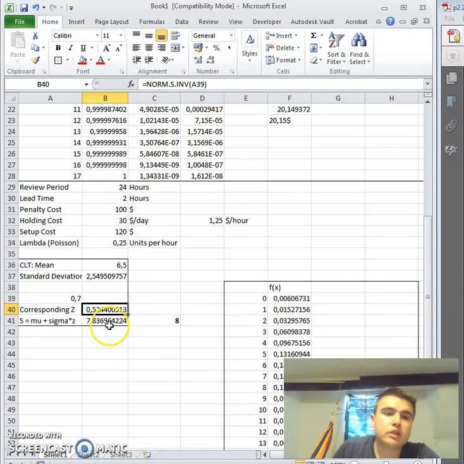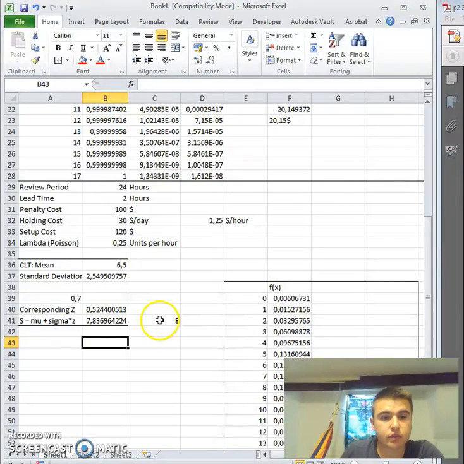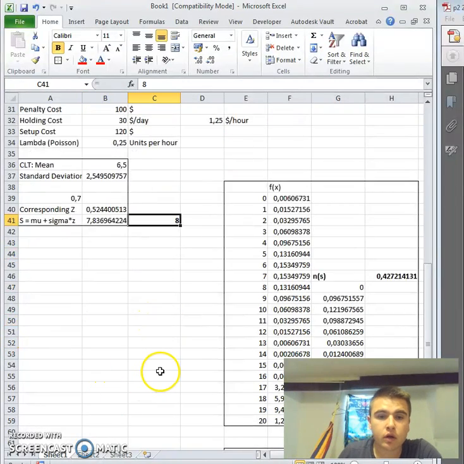So if you look up 0.52 in the distribution table, you will have 0.7. And with that information we can find S, because this is simply equal to the mean plus the standard deviation times z, which is done here. So we find S should be 7.83, and we round this up to 8.